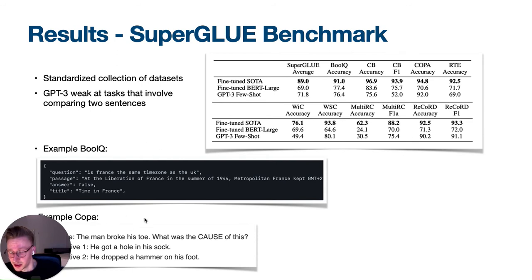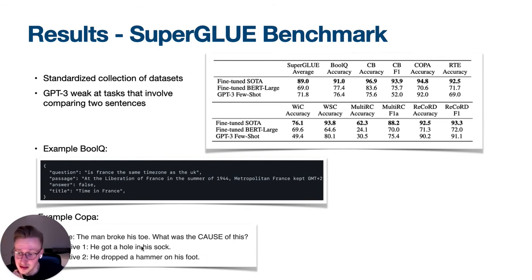And we can look at an example for COPA here. So you give the premise as context to the model, and you have an alternative 1 and an alternative 2 where the model has to decide which one is more likely to come. So the premise in this one is: the man broke his toe. What was the cause of this? Alternative 1 is he got a hole in his sock, or alternative 2, he dropped a hammer on his foot.